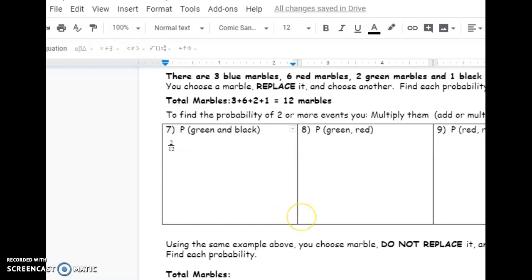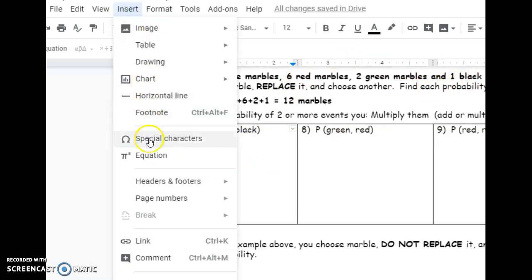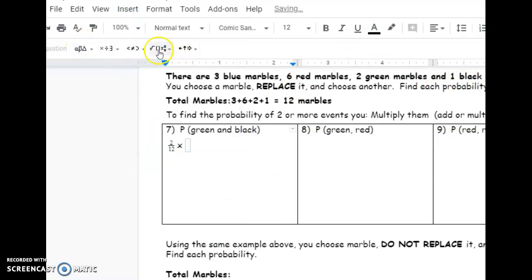And we said we're going to multiply times the probability of black. We have 1 black marble. So we're going to insert another equation, and we need another fraction: 1 black over 12 total.